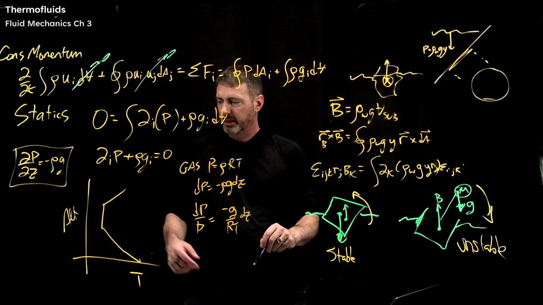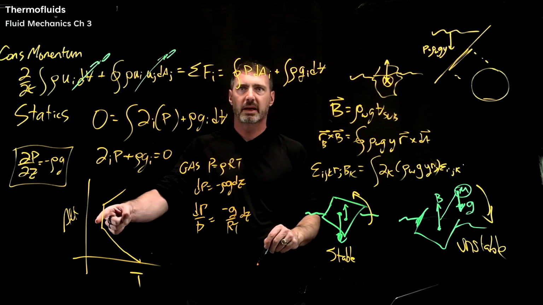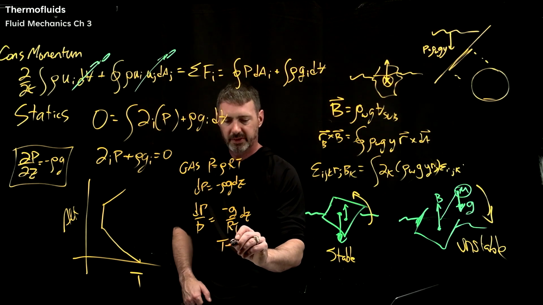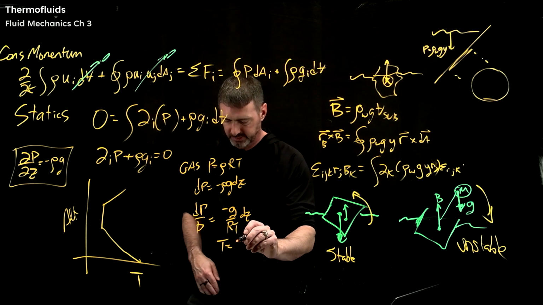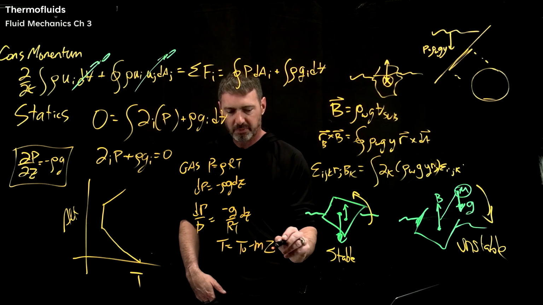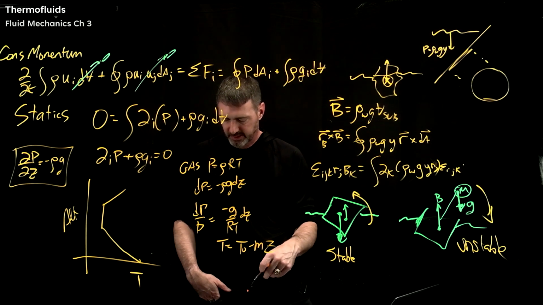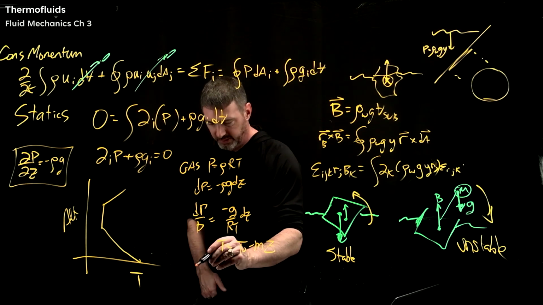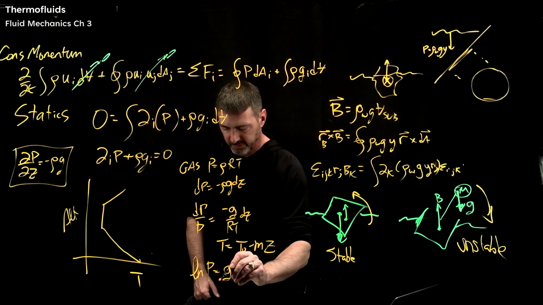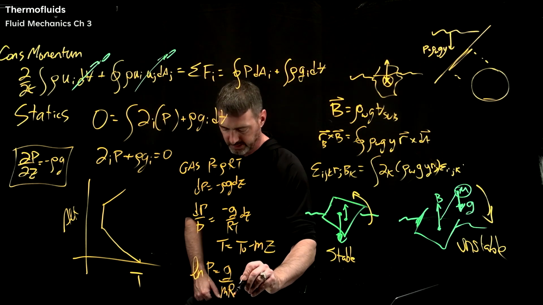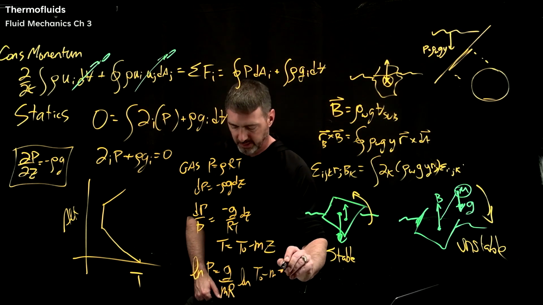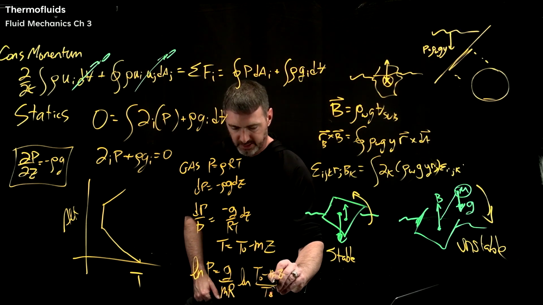Here's a situation where temperature is constant, so you'll be able to integrate that no problem. But in general, what we have here before on this line is T equal to some T naught minus this lapse rate m as you go up in altitude z. And so when you punch that through, you'll solve that the natural log of P is going to be g over the lapse rate times the gas constant, times the natural log of (T naught minus mz) over T naught.